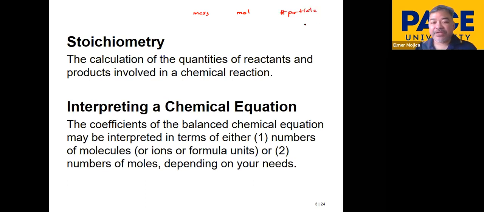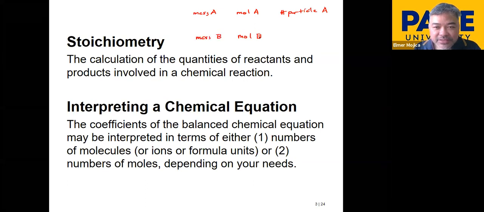Now, what happens if we have a chemical equation? We just expand this one. So we just assign, let's say, this is the mole of A, the mass of A, the number of particles of A, a compound or element or whatever substance, and this is the mole of B, the mass of B, and the number of particles of B.